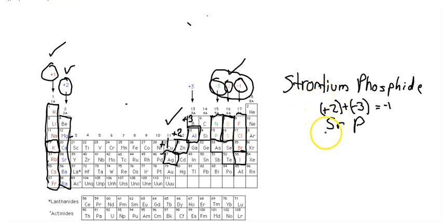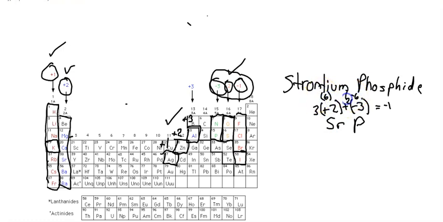So what we can do is we can balance our equation out so that we can get 0 at the end. So we're going to change the number of strontiums or the number of phosphoruses that we have in this compound. So to do that, we want to find the least common multiple, which on this occasion is 6. So we can multiply this by 3. We can multiply this side by 2. We get positive 6 right here, negative 6 on this side.